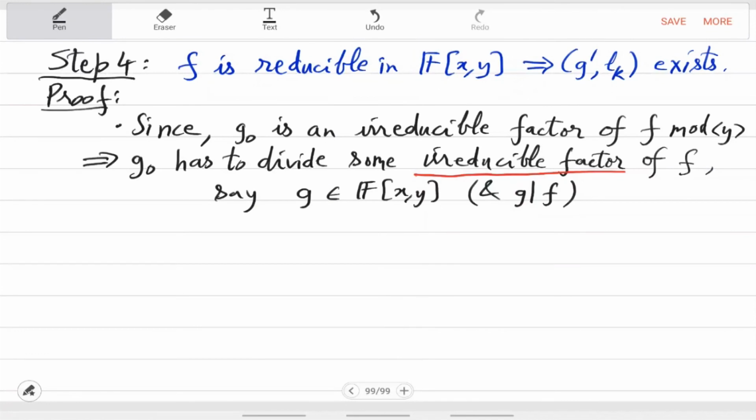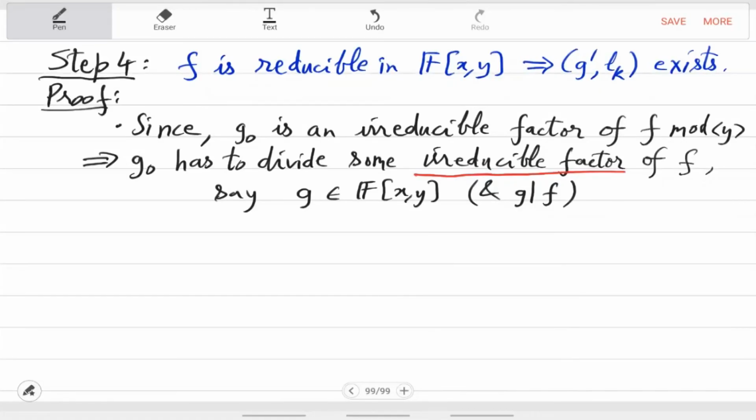Is this clear? You have assumed f to be reducible. So this G0 that Hensel lifting picked as a starting point, it has to divide some actual factor G, obviously mod y, right? Any questions?